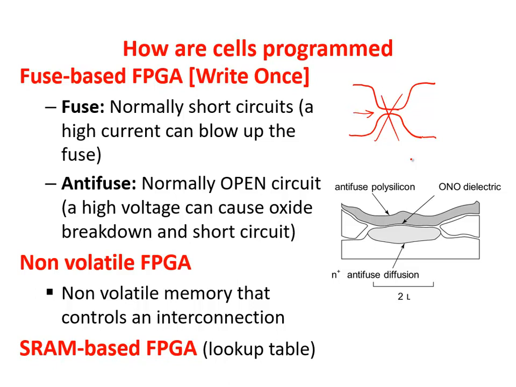This is also quite common, because to have an SRAM-based FPGA, you need a standard CMOS process. For the other case, you need a non-volatile memory on board of the CMOS process, which is a special CMOS process. For the fuse-based, you need a special fuse-based technology on the process.